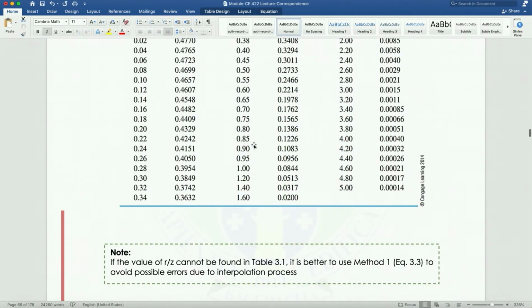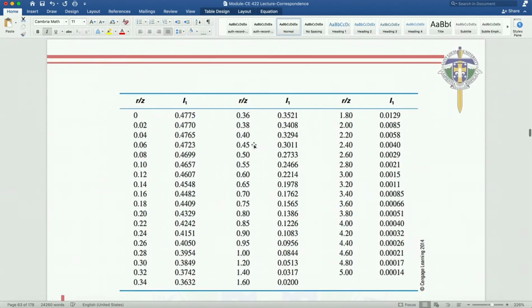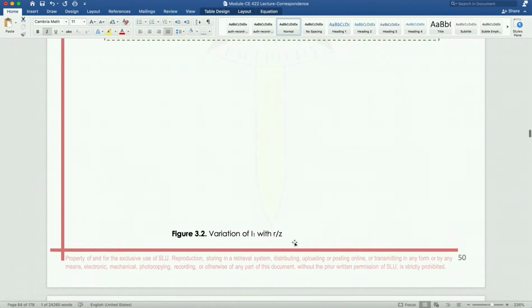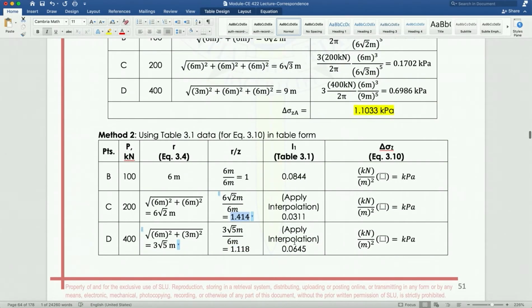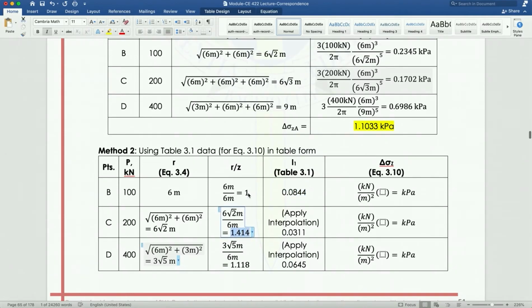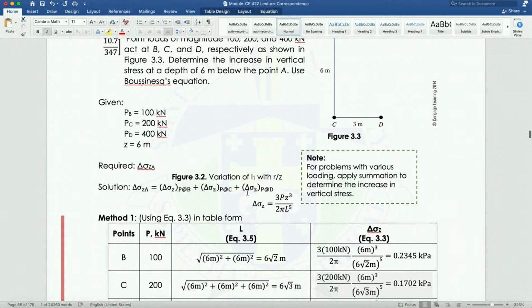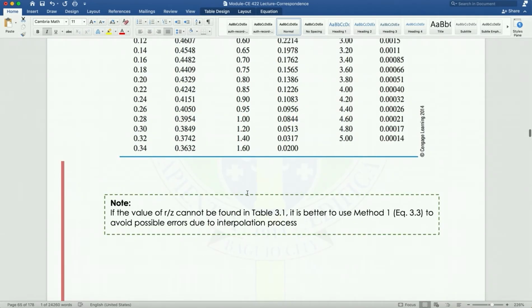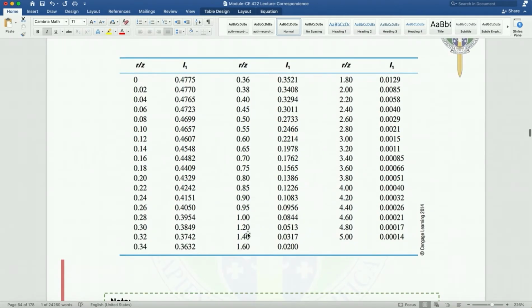Okay, so balikan natin yung table here. We have the value of R over Z, which is 1. Therefore, I1 is equivalent to 0.844, which is the value here. Next would be 1.414. Now, for 1.414, check natin sa table natin. Do we have here 1.414?